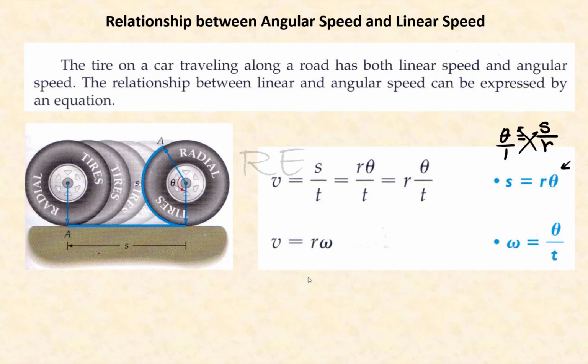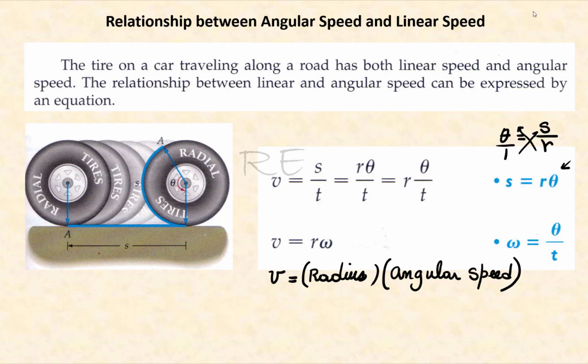Therefore, the linear speed is equal to the radius multiplied by omega, which is the angular speed. We said that the linear speed is equal to the radius multiplied by the angular speed, which we write as omega, which looks like a W.